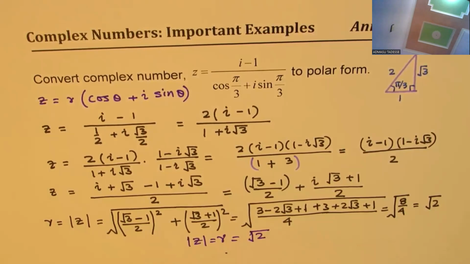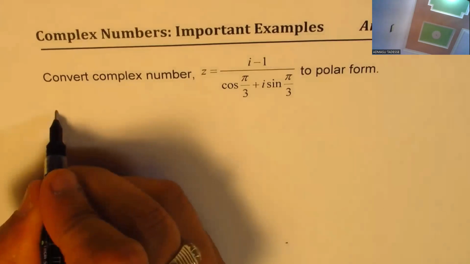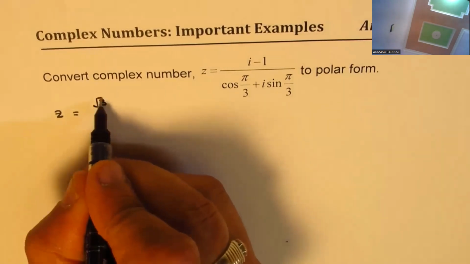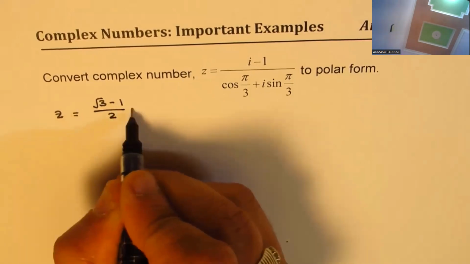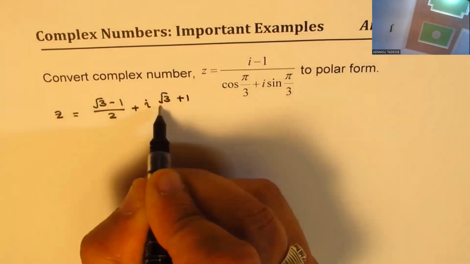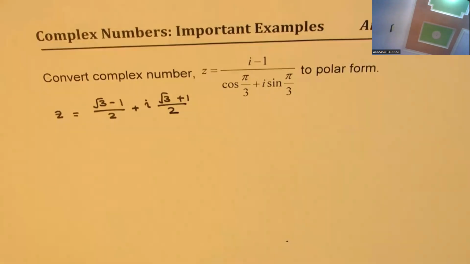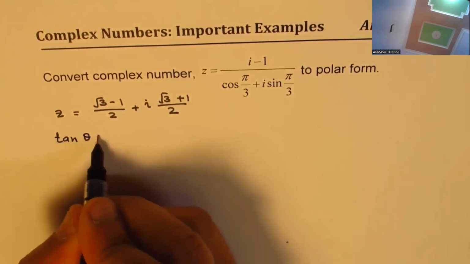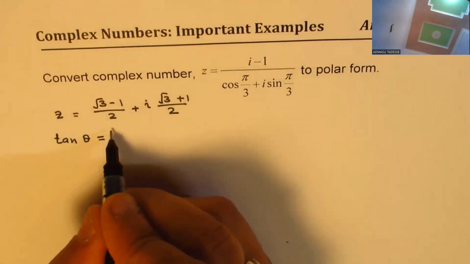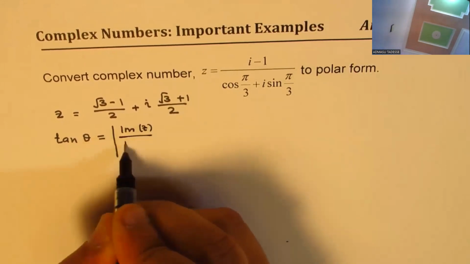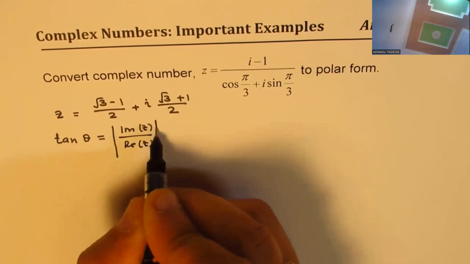Now, on a fresh page, let's find out the argument theta. We can write the complex number z as equal to (square root 3 minus 1) over 2 plus i (square root 3 plus 1) over 2. Now, to find the argument, tan theta is equal to the ratio of the imaginary part to the real part of z, right?